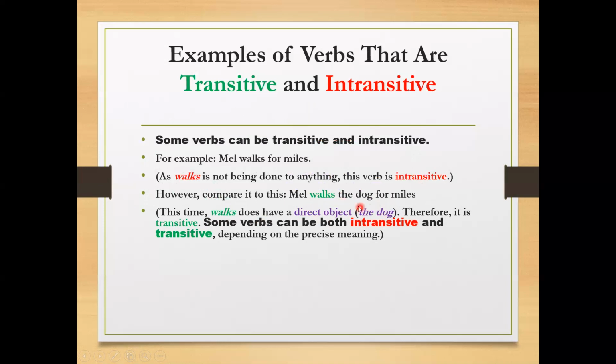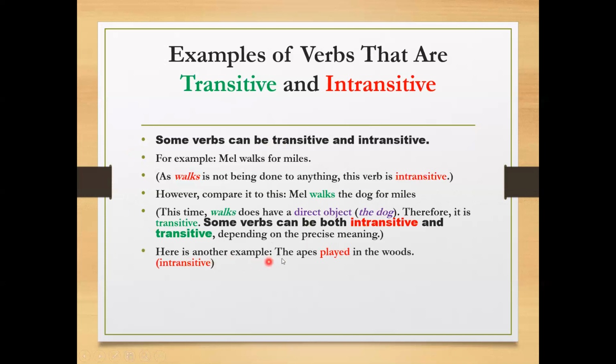You can change it to passive: the dog is walked by Mel for miles, or the dog is walked for miles by Mel. So therefore it is transitive. Some verbs can be both transitive and intransitive, depending on the precise meaning.